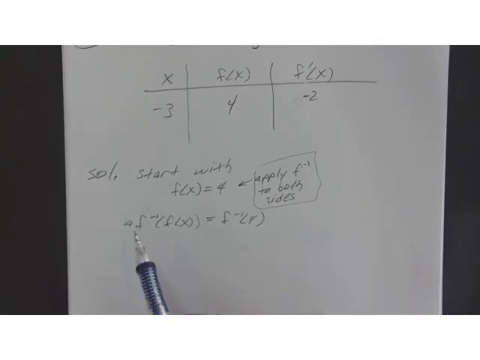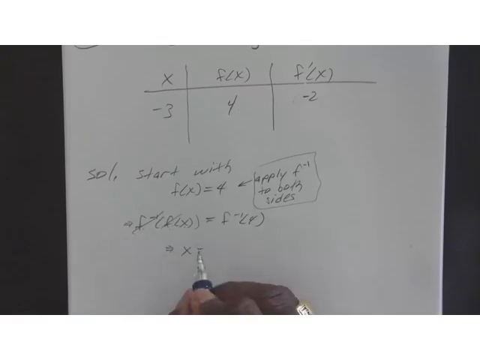Okay. So we know again that the inverse and a function cancel each other out, leaving just the argument. And in this case, that argument is x. So we know x is equal to f inverse of 4.